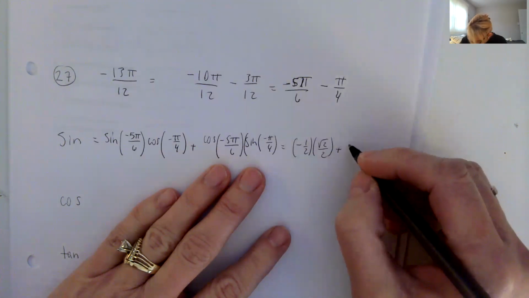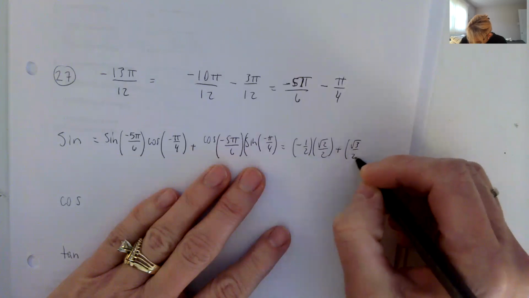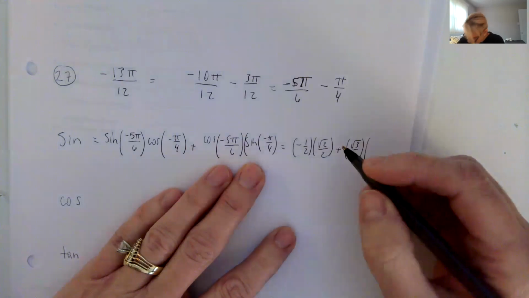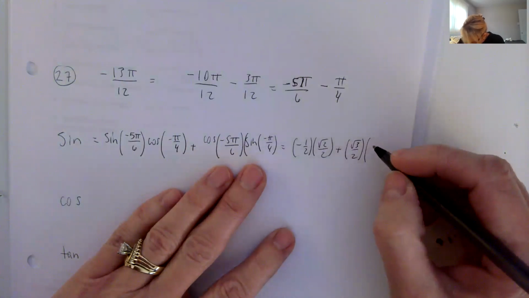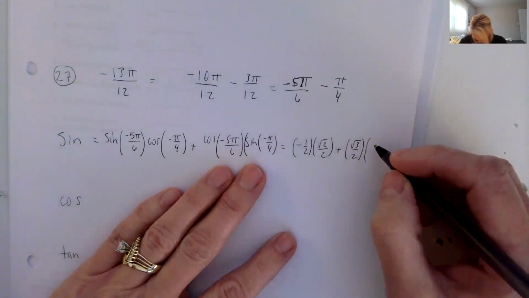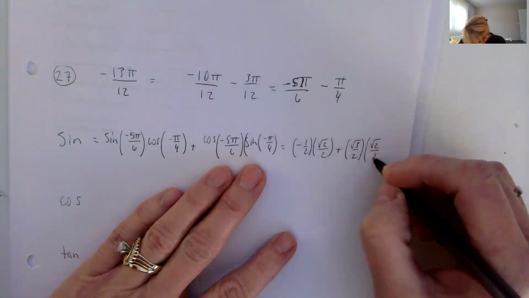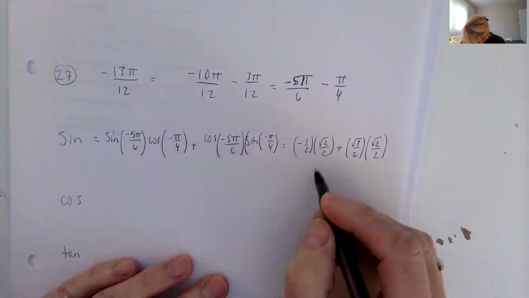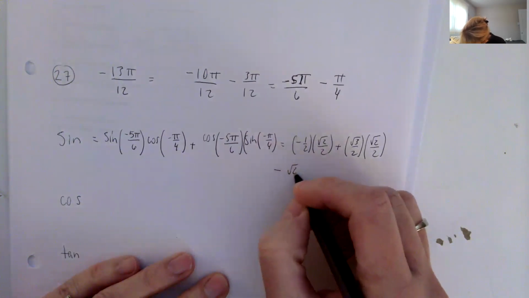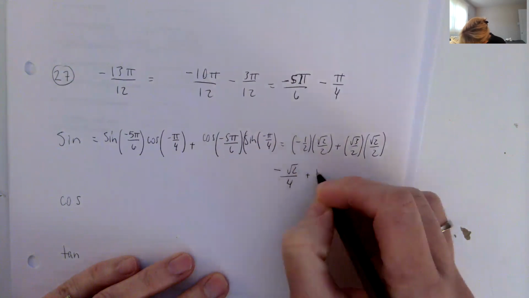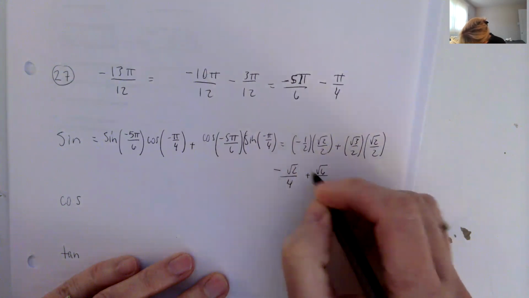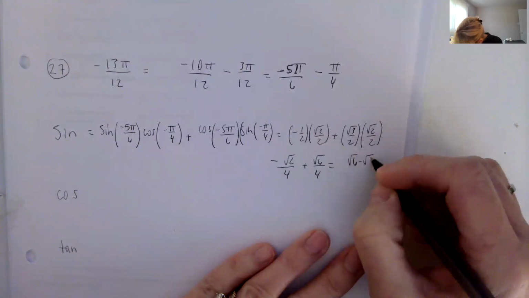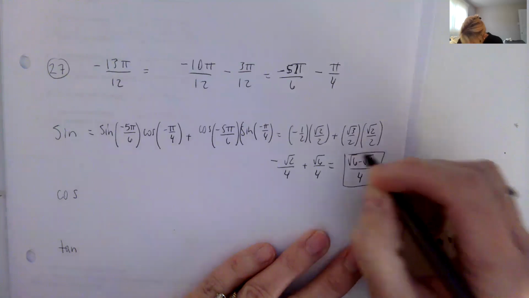Cosine is square root of 3 over 2. And sine of negative pi over 4. So sine is negative in that fourth quadrant. And pi over 4 is square root of 2 over 2. Okay. So this becomes a negative square root of 2 over 4 plus the square root of 6 over 4. Or you could write that as the square root of 6 subtracting the square root of 2 over 4.